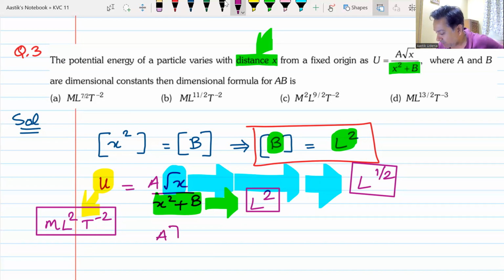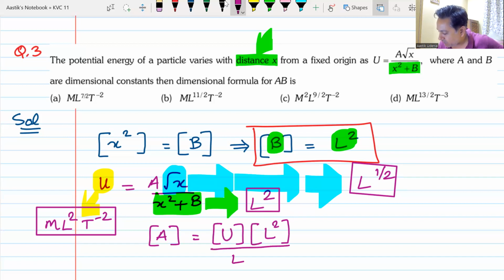So I can write the dimension of A as the dimension of U multiplied by the dimension of L square, divided by the dimension of L raised to the power of 1 by 2. Yes or no, my dear friend?